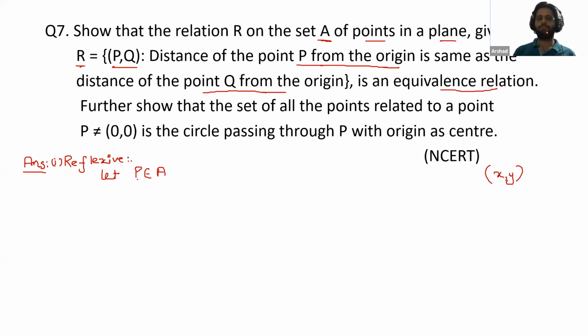So if we are assuming a point P, P means x comma y, for example, 1 comma 2. So we are assuming like this.